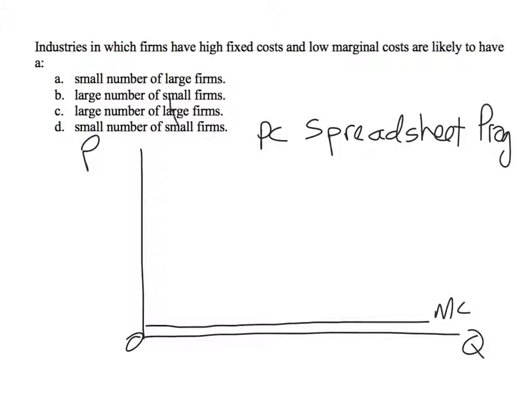What this means is that firms in this industry will face average cost curves that are downward sloping, because remember, the average cost curve is the sum of average fixed costs and marginal costs. Marginal costs are very, very low, so the average costs look a lot like the fixed cost curves. The ramification is that bigger firms are going to have an advantage.